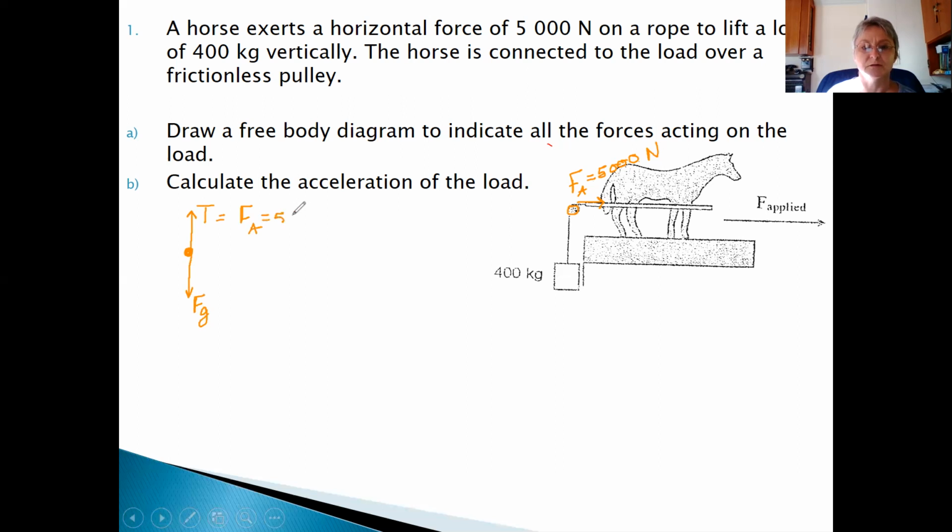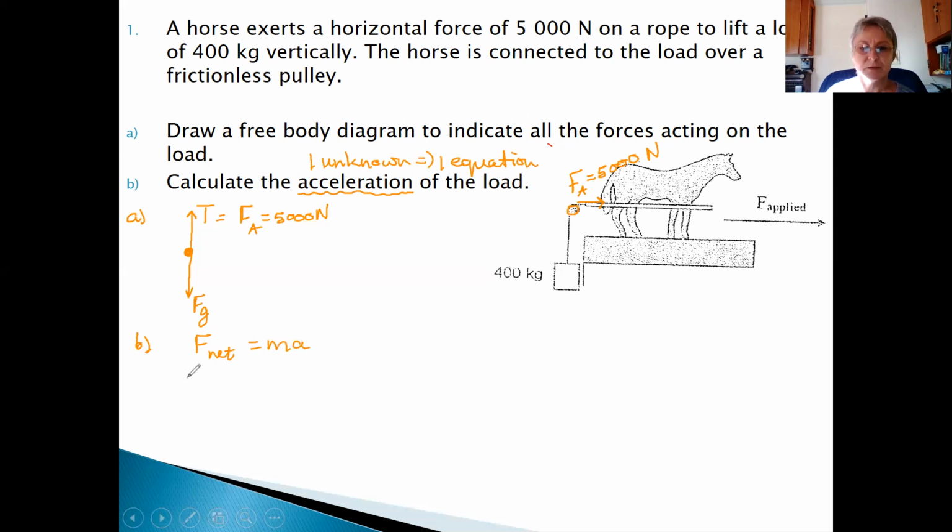They want us to calculate the acceleration of the load. That is the only unknown. One unknown requires one equation. And we start off by using Newton's second law, F net equals ma.